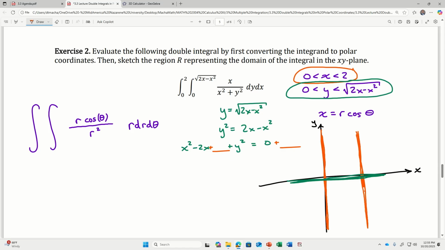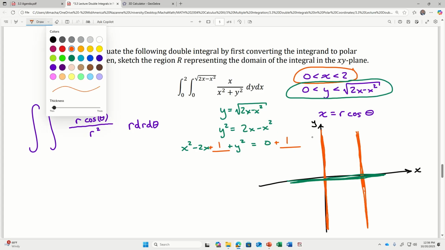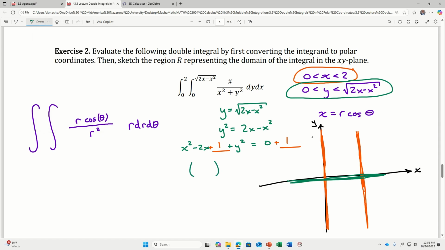What constant should I add to make this a perfect square? 1. Positive 1. Yep. So now I've got a perfect square plus y squared equals 1.